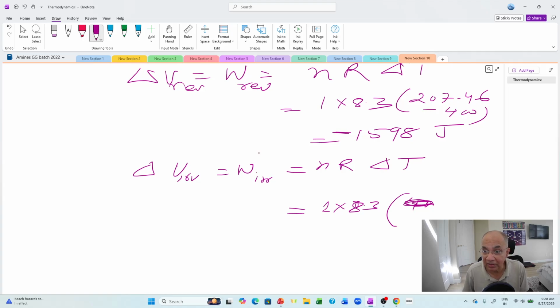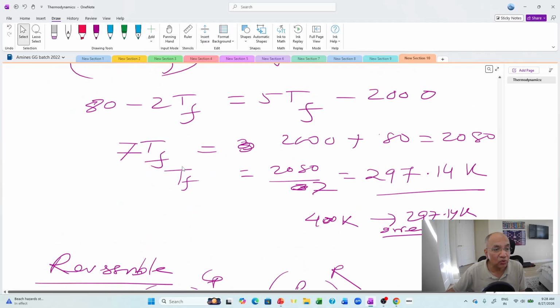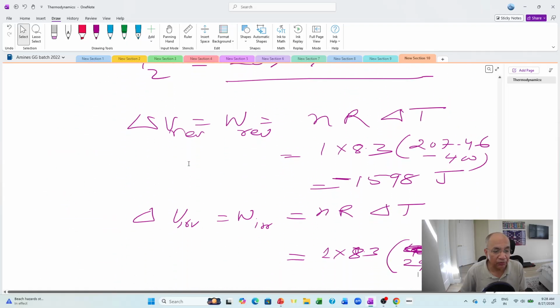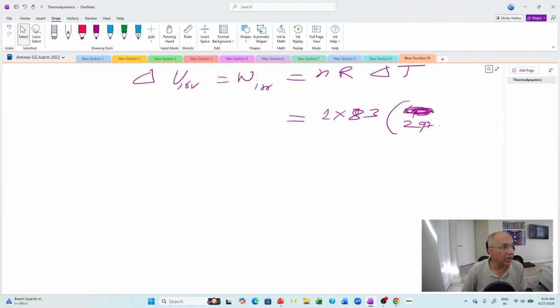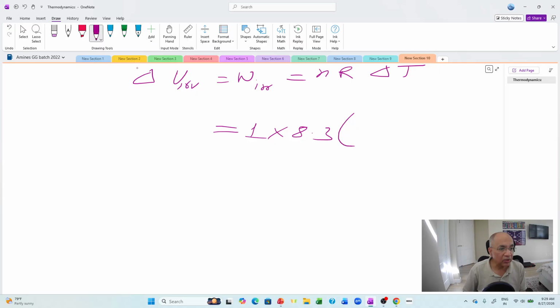Your chemistry class. And this will be again 297. The final temperature is 297.14. Oh, sorry. I am using that space which you cannot see. Is equal to 1 into 8.3 into 297.14 minus initial temperature 400.